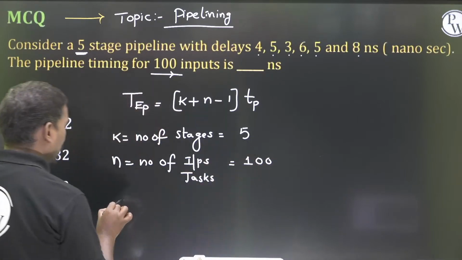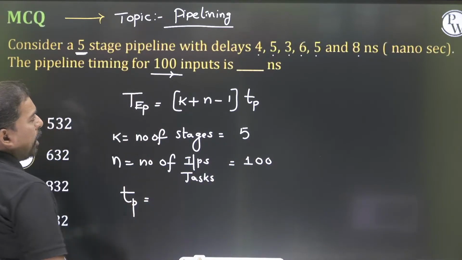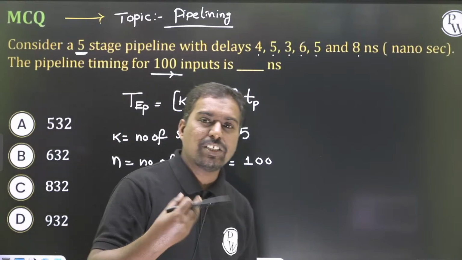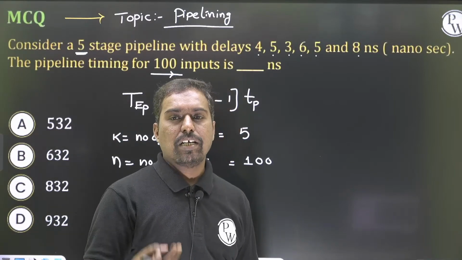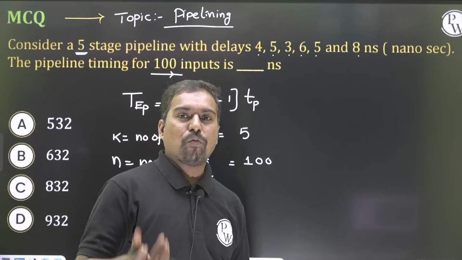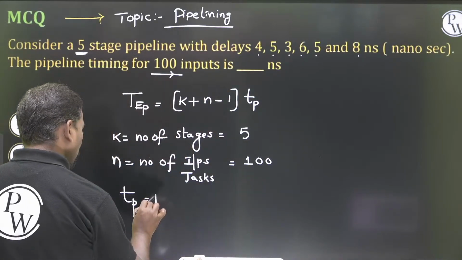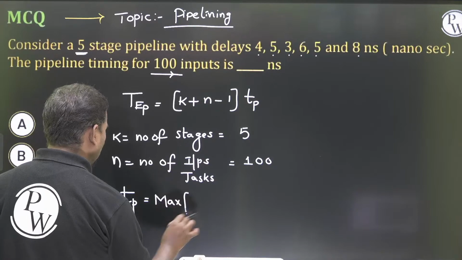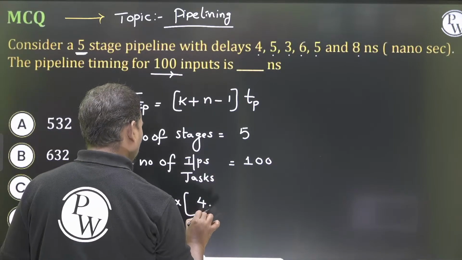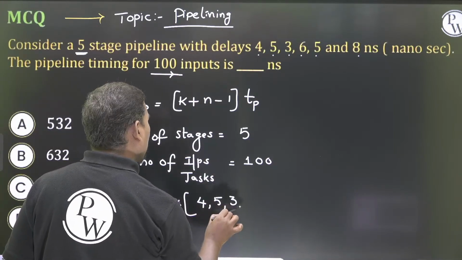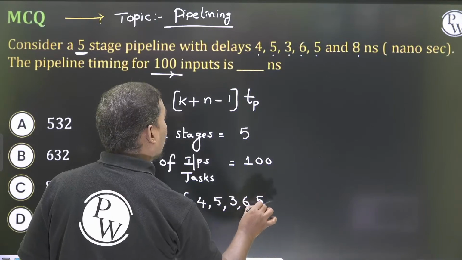Next, what is the TP? Actually, TP should be a single value, but each segment is taking a different value, so we have to take the maximum of the list. So this is 4, 5, 3, 6, 5, 8.